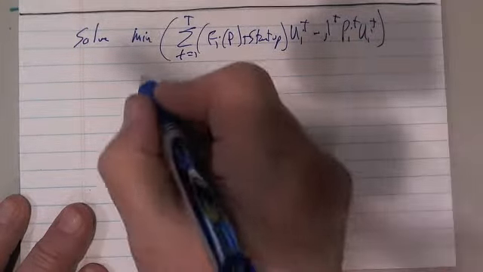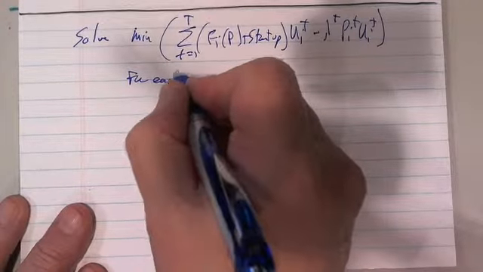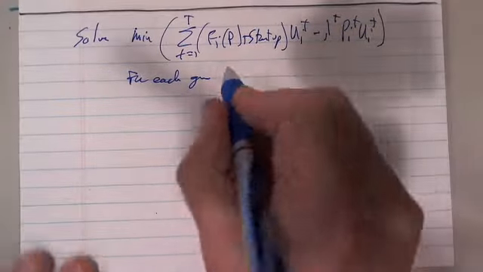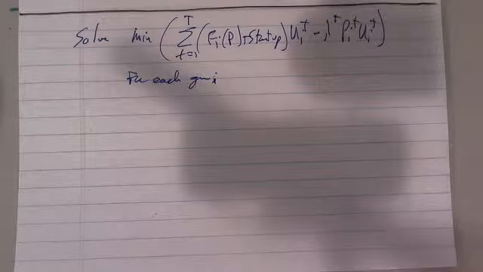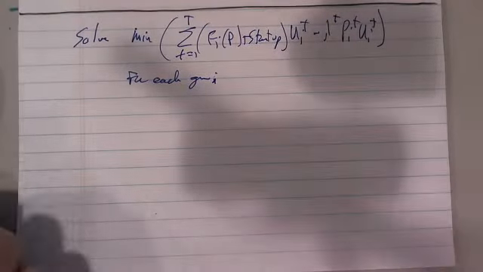Minimize this for each generator i, and you do it one at a time. That's the part that's so useful here. You do it for each generator one at a time.